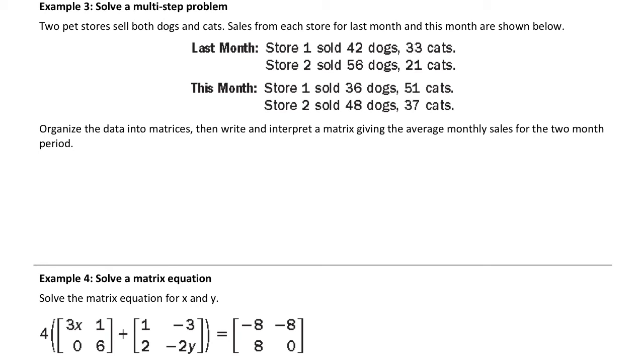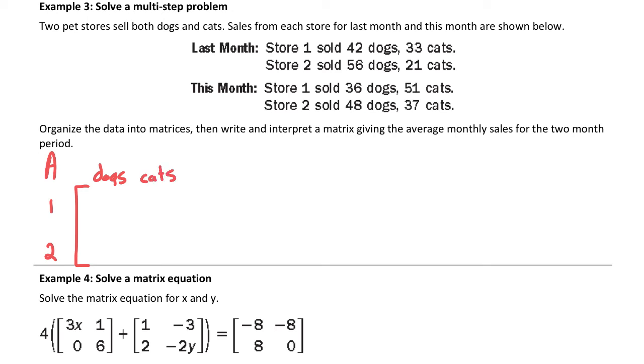So this first matrix, last month, we're going to call that matrix A. I'm just going to use A for last month. I'm going to label this store 1 and store 2, row 1, row 2. My first column is going to be dogs. My second column is going to be cats, all right?